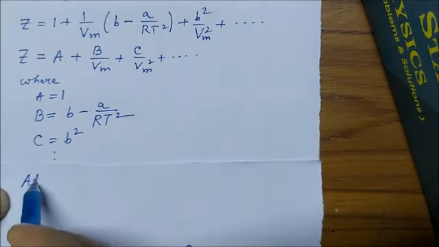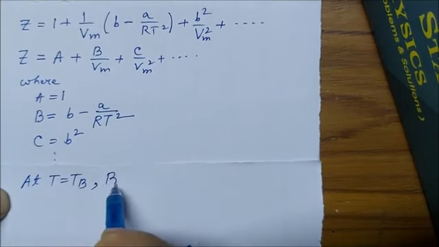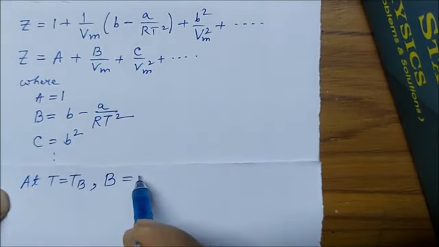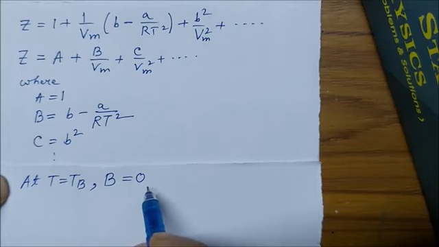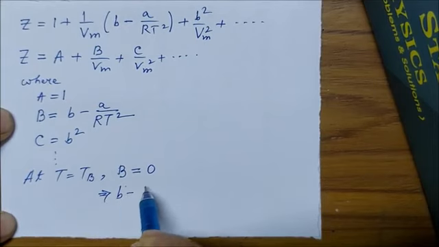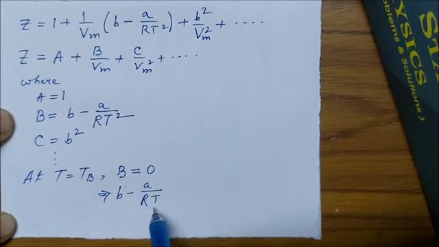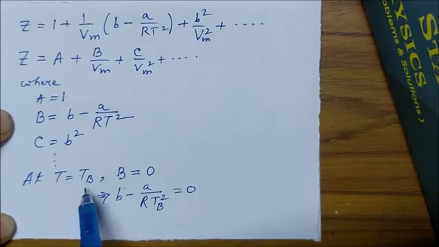Again at Boyle temperature, the second virial coefficient is 0, as was discussed in the video on significance of Boyle temperature, and this means, instead of T we write TB.